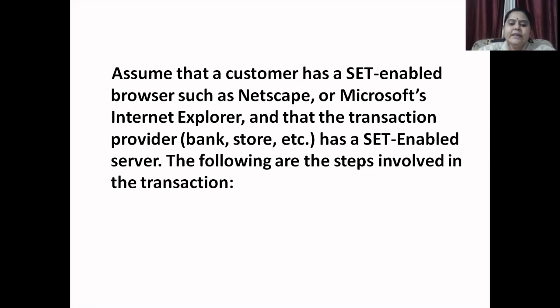Ninth, the bank verifies the merchant and the message. The bank uses the digital signature on the certificate with the message and verifies the payment part of the message. The bank digitally signs it and sends the authorization to the merchant, who can then fill the order.